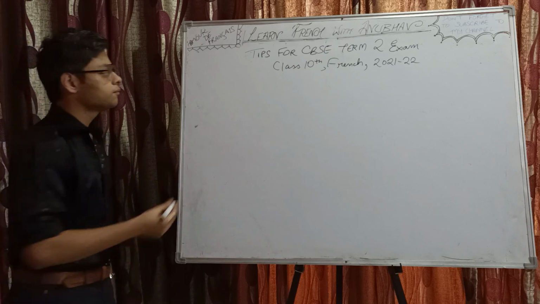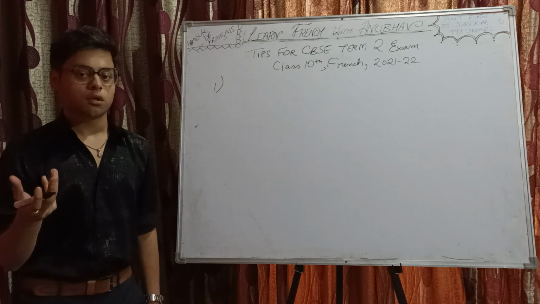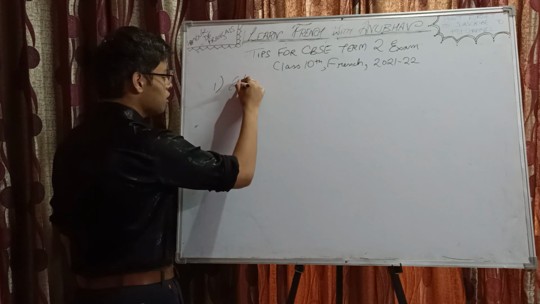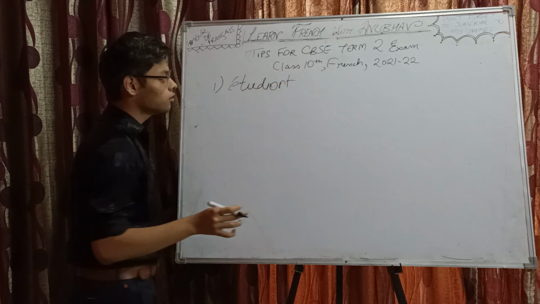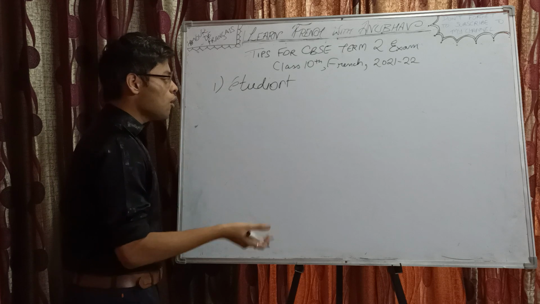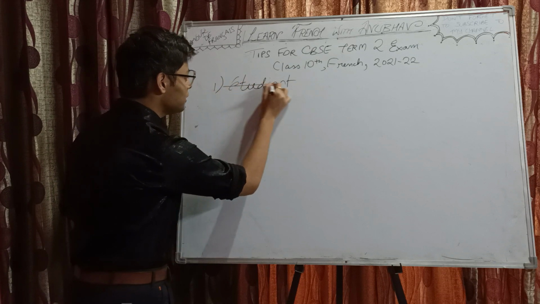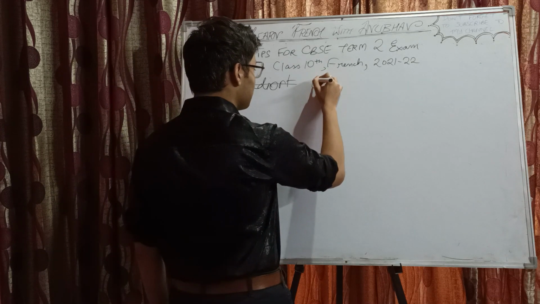Tip number 1: suppose you want to write étudiant, but by mistake you wrote some wrong spelling. You wrote it wrong, right? So how will you correct it? Just put a single line and then write the correct one.